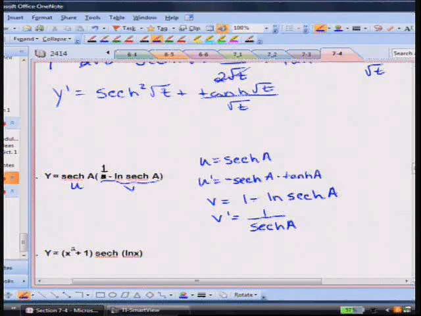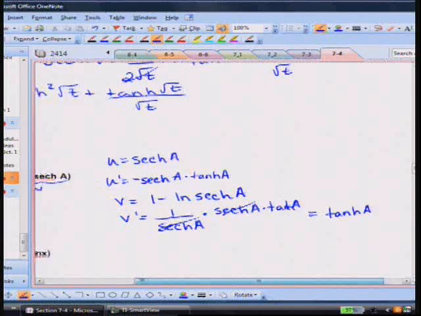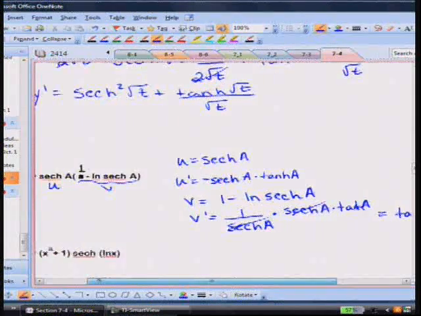But, and I'm not going to put that negative, because when I use the chain rule and take the derivative of this, the negative is going to cancel, and so I'm going to get the hyperbolic secant of A times the hyperbolic tangent of A, right? Well, this is going to be fun, right? Because these cancel, and so I get just the hyperbolic tangent of A. What do you think about that? Yeah, it's rocking.